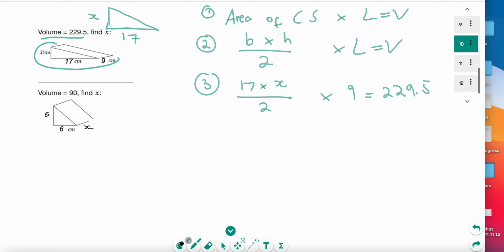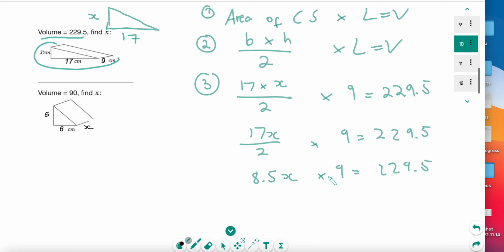229.5. Then I'm going to simplify. 17 times x is 17x divided by 2 times 9 equals 229.5. Then simplify even more. 17x divided by 2 is 8.5x times 9 equals 229.5. 8.5x times 9 is 76.5x equals 229.5.